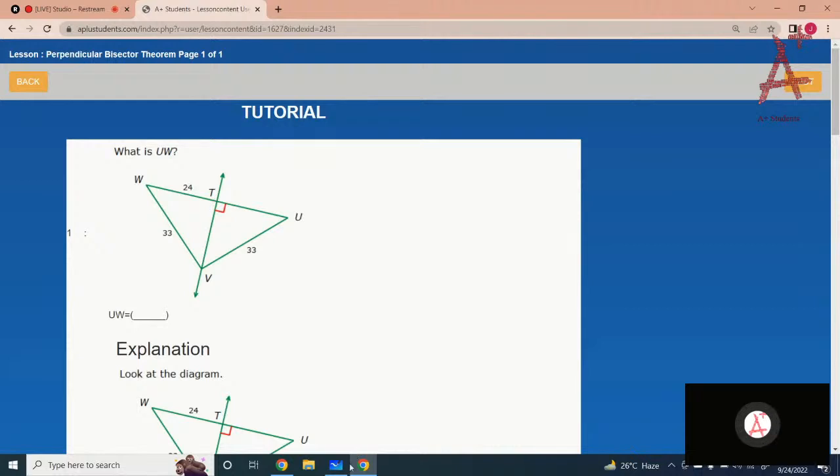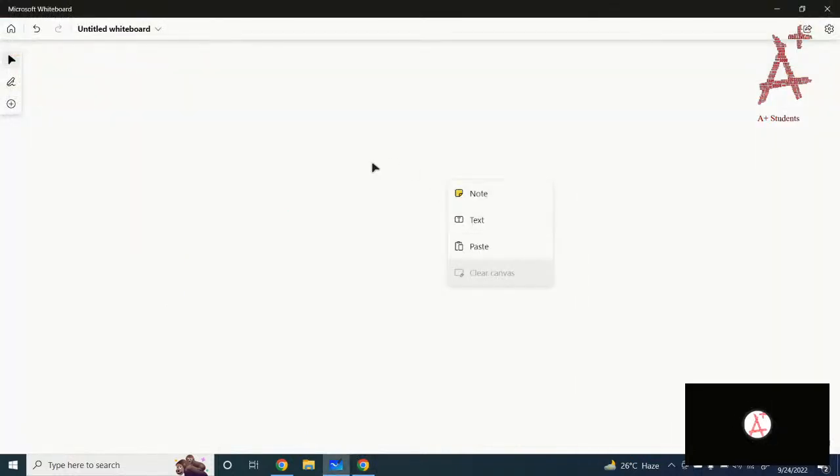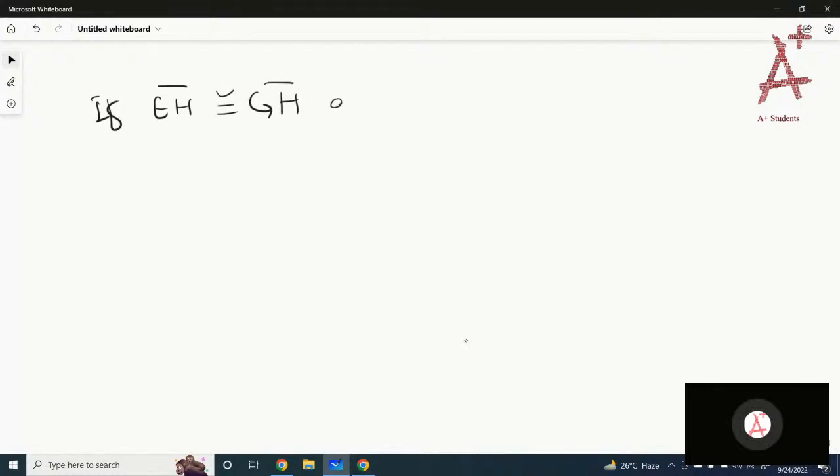Okay, let's start with examples. Let me draw it on the board. If EH is congruent to GH and FG equals 55, then what is EF?